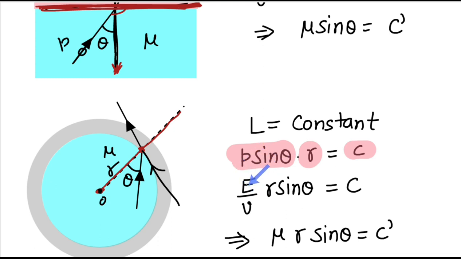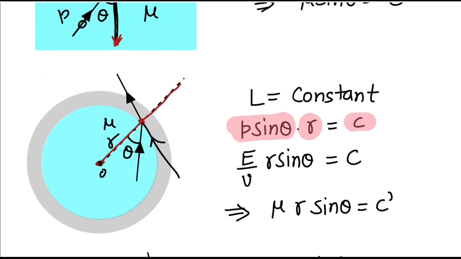P will be equal to E by V, and from here we derive a result for this spherically symmetrical case, that mu multiplied by r into sine theta is going to remain constant whenever we encounter a situation when the change in refractive index is going to be spherically symmetrical.